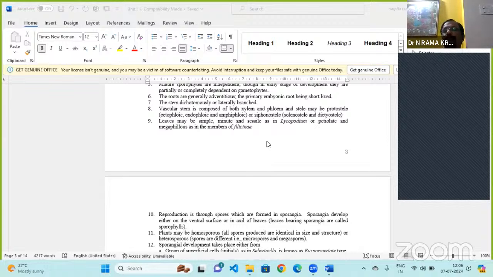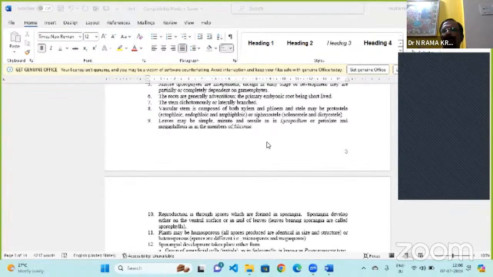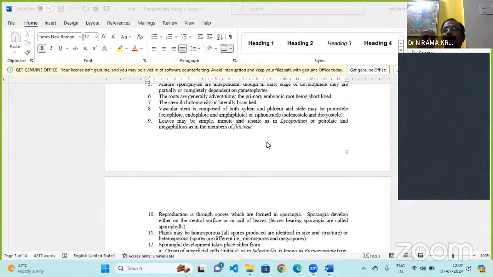This is the most important point here. Asexual reproduction in pteridophytic groups by spores means the sporophytic plant body is produced from the spores. How many types of spores are there?